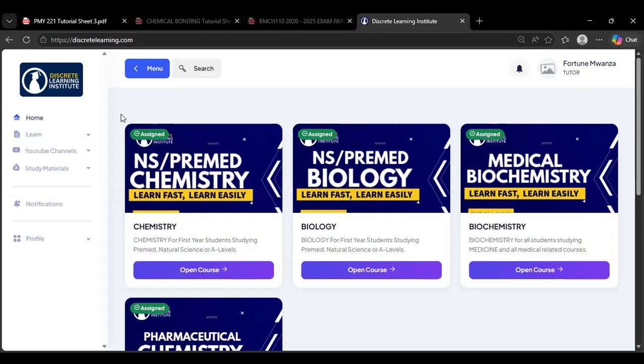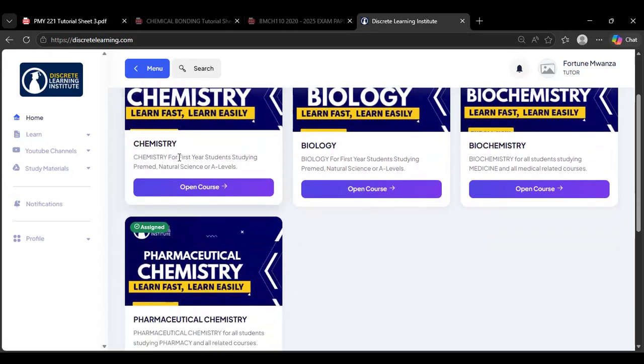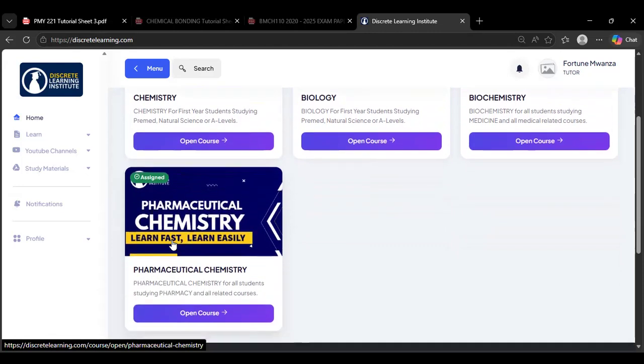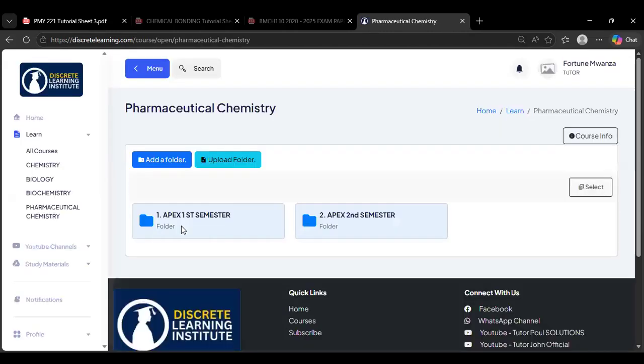Once you subscribe to the course of your choice, you are given the folders that are available there. For example, if you subscribe for pharmaceutical chemistry, the tutorial sheet was gotten from pharmaceutical chemistry, so you can go in the folder for pharmaceutical chemistry. Then you have two folders, first semester and second semester. You pick your semester.